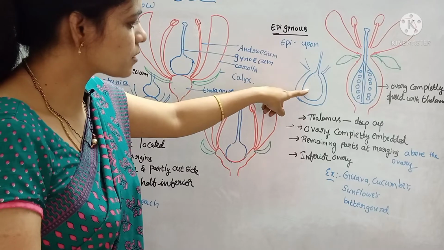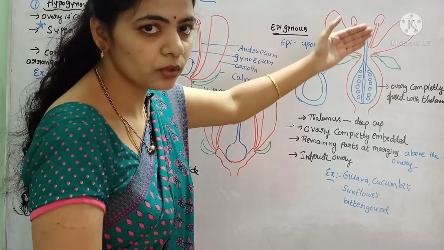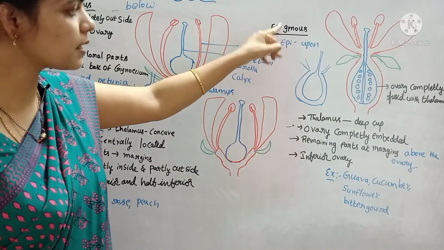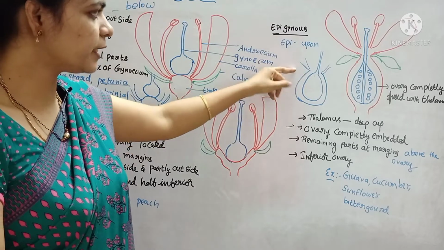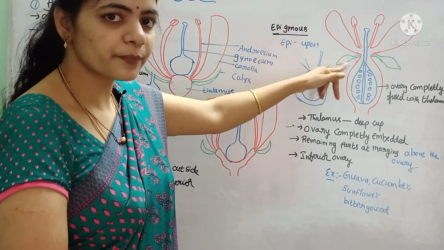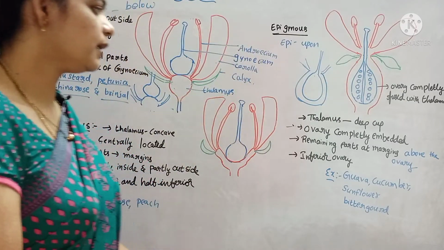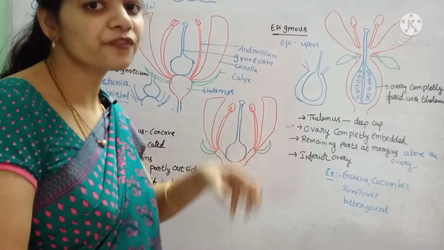So see here, this is the ovary. All the floral parts are present above the gynoecium. Hence, it is epigynous. Epi means upon. Gynoecium means female reproductive organ. The floral parts are present above the gynoecium. Hence, it is called epigynous. And here, the ovary is completely inferior.